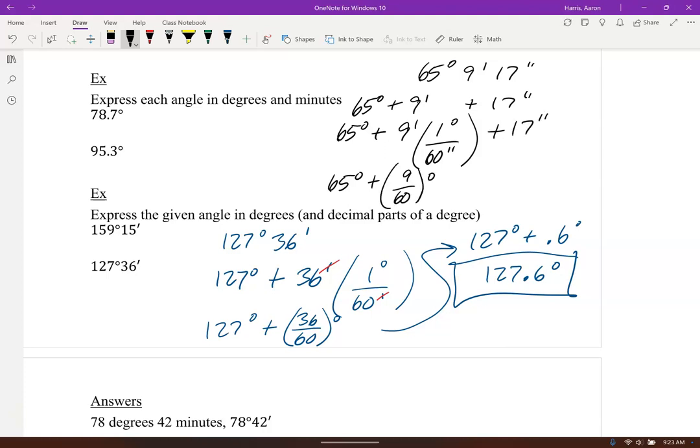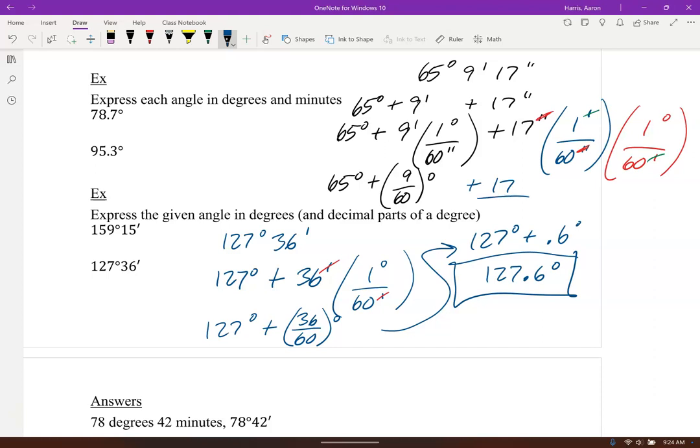Now we've got to deal with the 17 seconds. Well, for every 1 minute, there's 60 seconds, so now I'm in minutes. But I've got to convert my minutes to degrees. For every 1 degree, there's 60 minutes, and now my minutes cancel. So this ends up being 17 times 1 times 1 over 60 times 60, which is 3,600. But now it's in degrees.